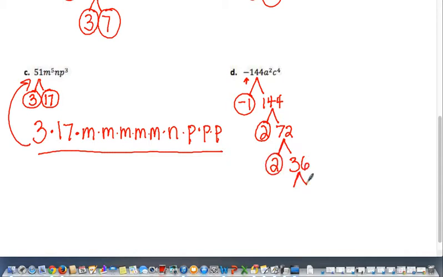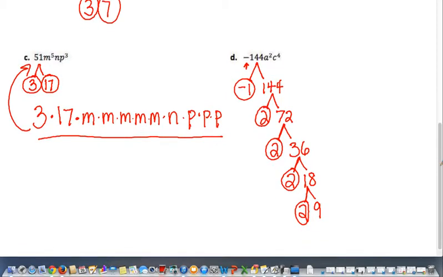And then 36 divided by 2 is 18. 18 divided by 2 is 9. And then 9, I need a little more space here, divided by 2 is 3 and 3.